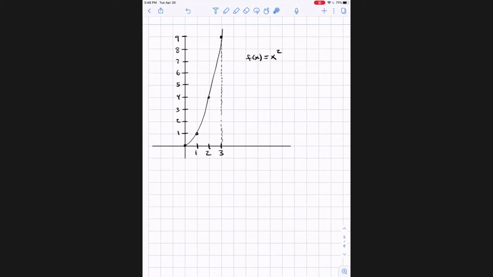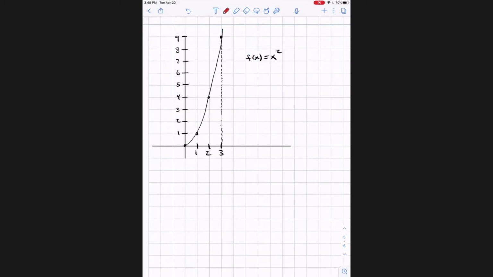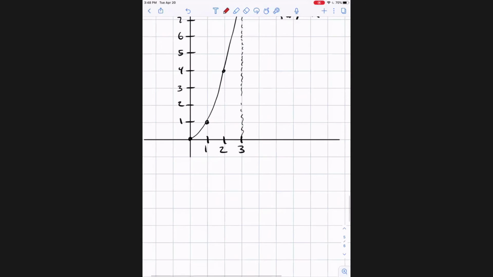So what we're going to do is there are a few things you can do. What we could do is approximate the sum by making rectangles. For example, let's say I'm going to divide this x-axis into 3 regions.